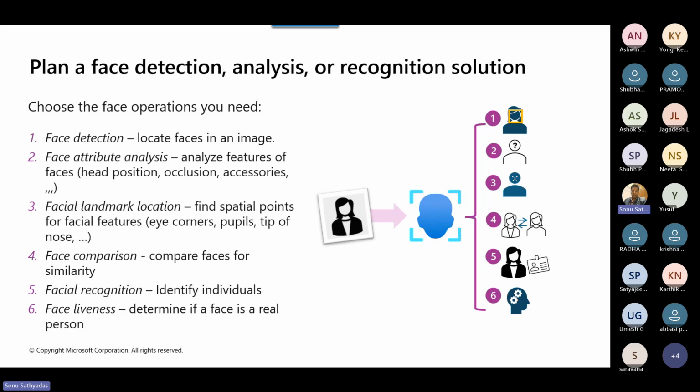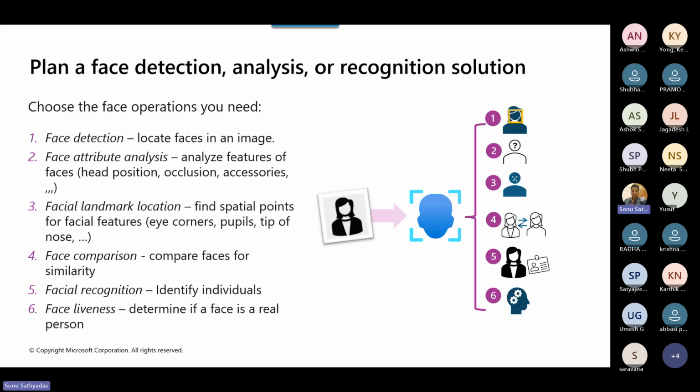Once your information is stored in the database, they will give a name for that record, maybe Sonu's photos. Whenever I come in front of the camera next time, it will automatically search inside the database and identify who it is. So if I come in front of the camera, it will immediately identify that Mr. Sonu has come. It's not just a comparison, it is a recognition.